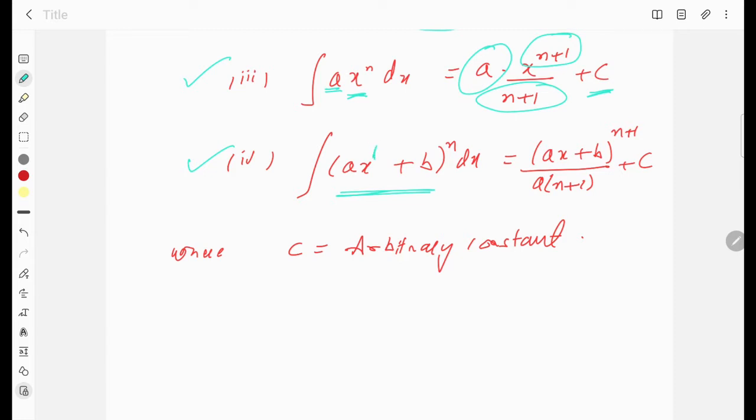It's very important. You have a linear bracket power n. On integration, you will copy the bracket, add 1 to this power, the same thing will come in the denominator, and you multiply it by the coefficient of x, which is a, plus arbitrary constant c.